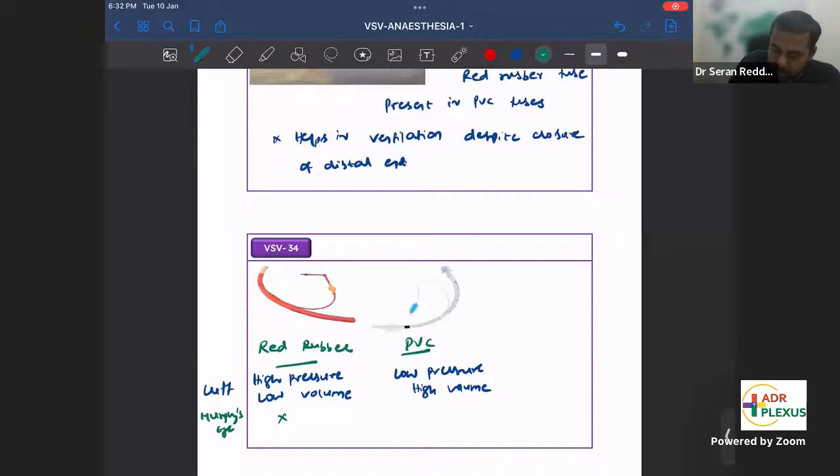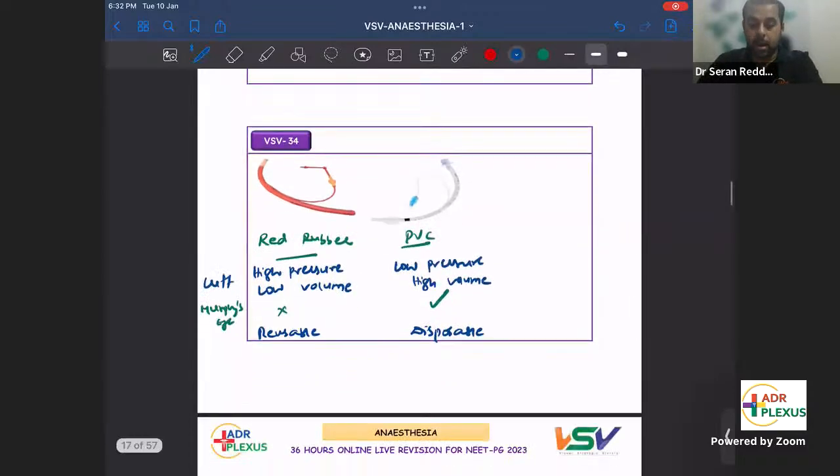Murphy eye absent, present. Reusable and disposable.